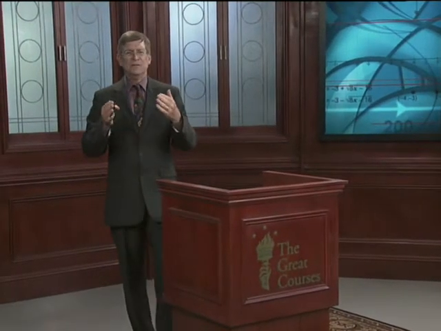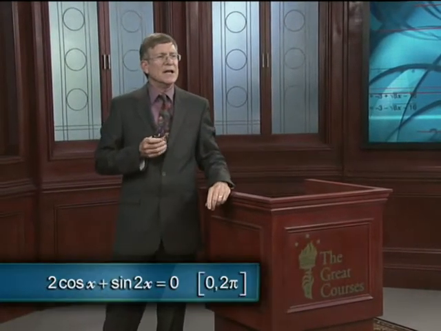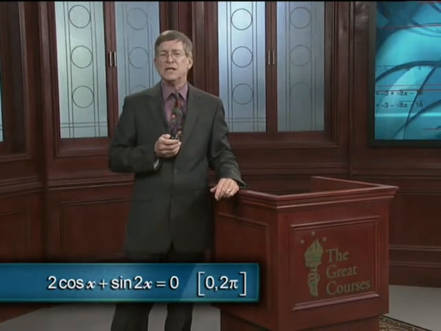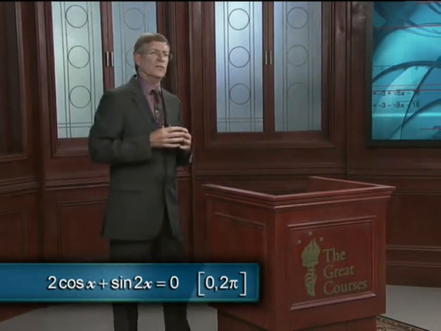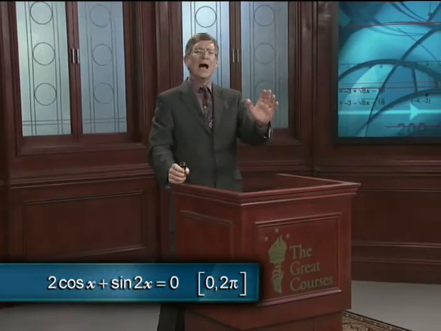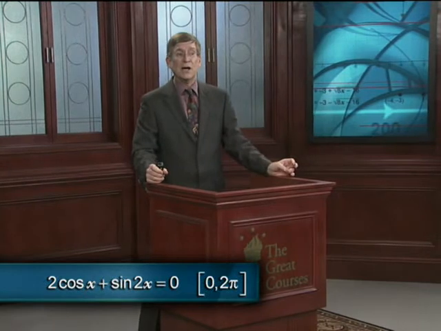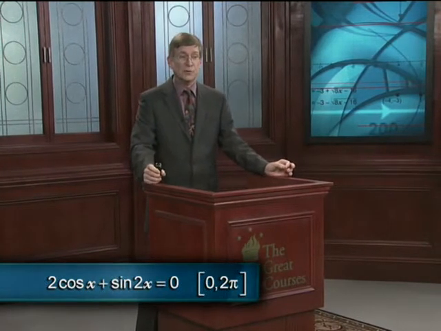Let's apply some of these formulas to an example. Let's solve the equation 2 cosine x plus sine 2x equals 0, and let's solve it on the interval 0 to pi. So I want to find all x values such that 2 cosine x plus sine 2x equals 0.